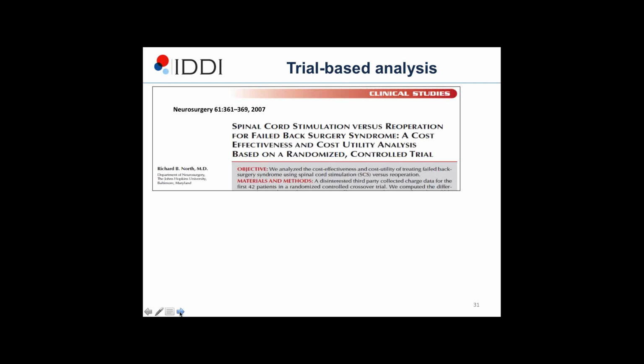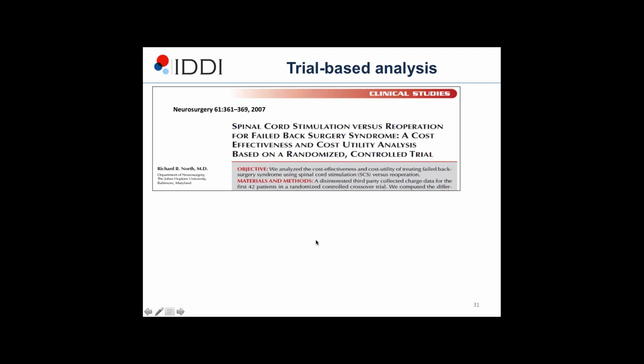Now, this is potentially an expensive technology, and therefore one that payers may want to look at very carefully using the HTA lens to determine whether it's cost-effective and clinically effective. So this is just to share with you how we went about trying to put that evidence together.